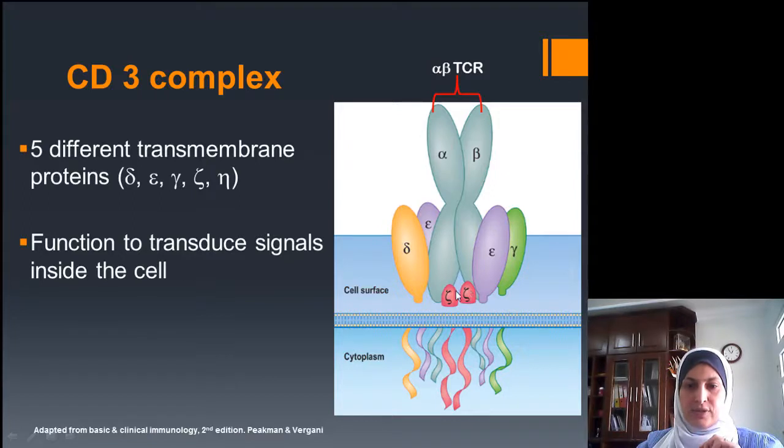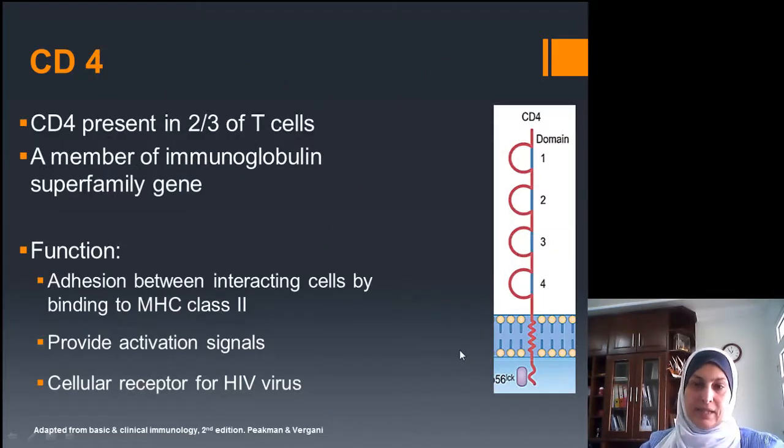So it's either 2 zeta or 1 zeta and 1 eta molecules. Now once the alpha-beta T cell receptor is activated, conformational changes will occur in the CD3 molecule and would initiate a cascade of events and activation inside the cell. This is for the CD3.